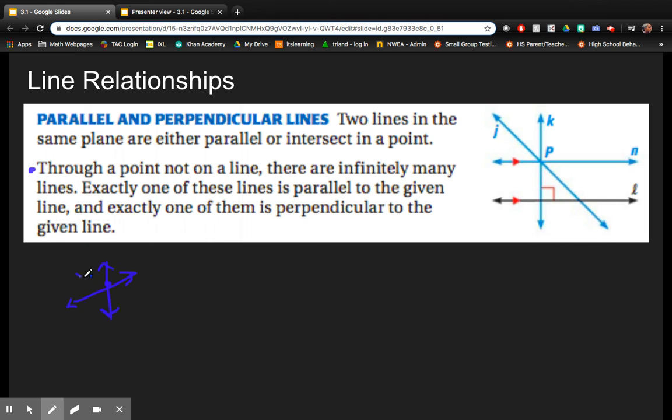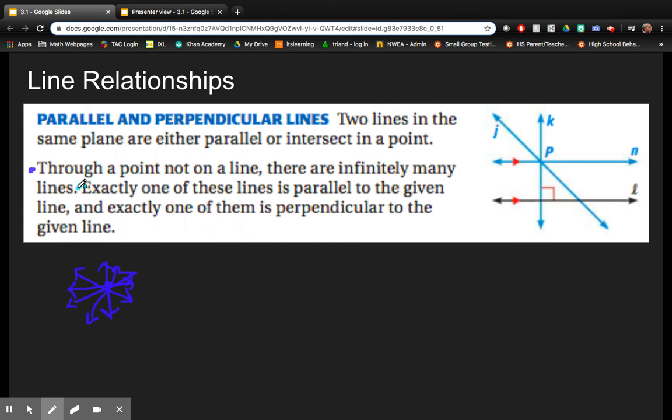If there are no restrictions, I could just keep drawing lines an infinite, ooh, that's not a line, that's a curve, number of times through this point, okay? So that's what it tells me. Through a point not on a line, there are an infinite number of lines that go through that point.